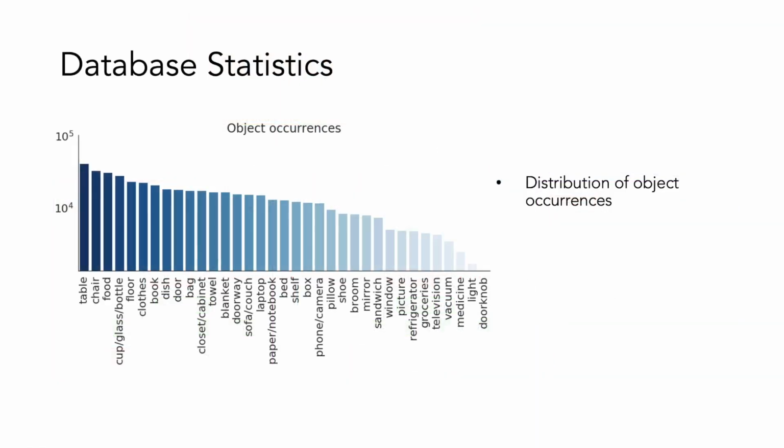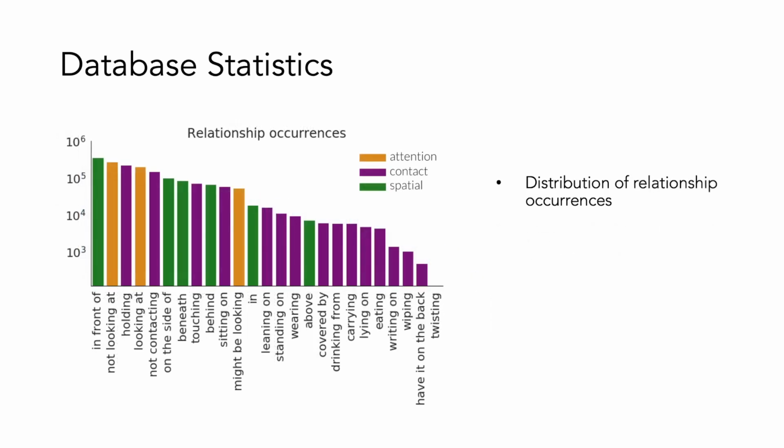Let's see some statistics of the database. Here's the distribution of object occurrences. Most objects have at least 10,000 bounding boxes labeled. And here's the distribution of relationship occurrences. We have 3 types of relationships. First, attention relationships, which indicate if the person is looking at some objects or not.